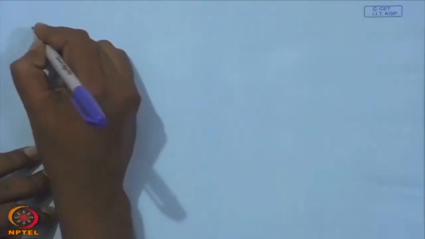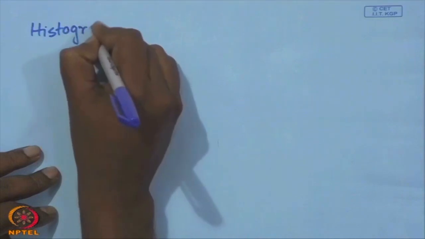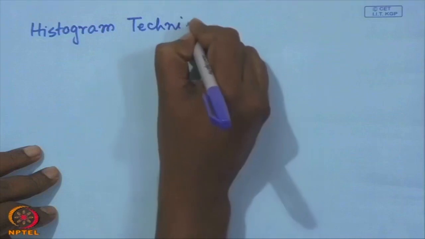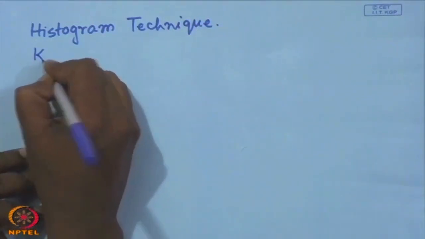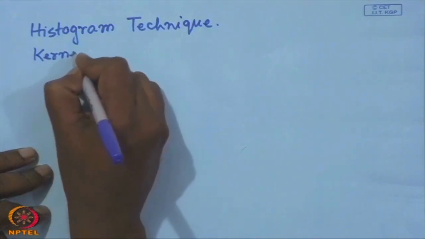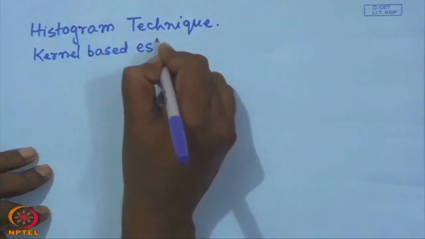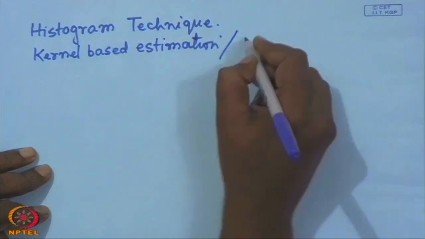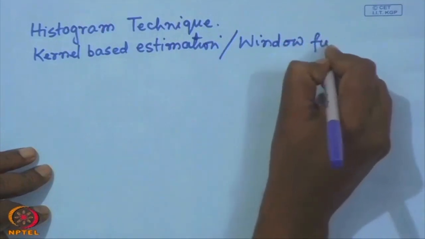There are many ways, but we will discuss mainly two of them. One of them is called the histogram technique, and the other one is called kernel based estimation, which is also called making use of a window function.